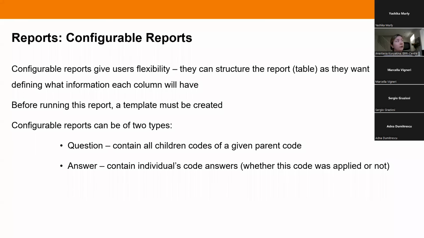And finally, the configurable report allows you to create a table with all the data that you coded, creating a tailored table, so you can decide which information is going to be visible in which column, how many columns this table is going to have, how codes are going to be gathered in various columns and so on.